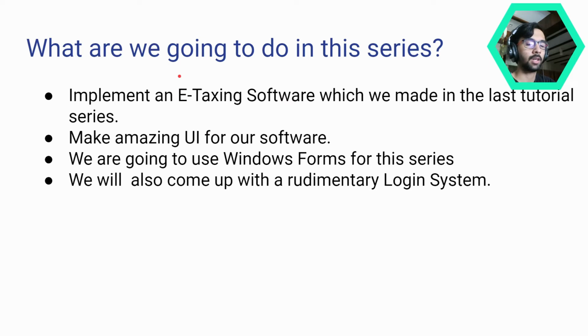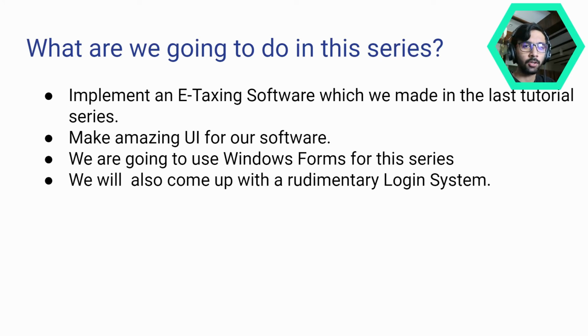So, what are we going to do in this series? As this is just an introduction video, I'm just gonna introduce you to stuff, and we're just gonna make the project and leave it there. From the next video, we'll import the code which we wrote in the C Sharp beginner series.